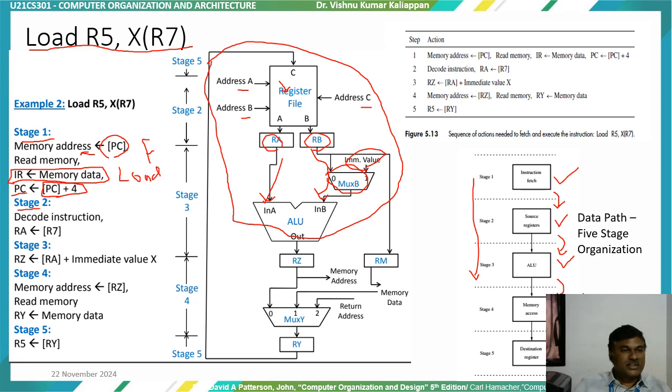What will be the second stage? As per the 5 stages, the second stage will always be the decoding of the instruction. Now, what is the decoding process? So, what is the load function? That is the decoding process.